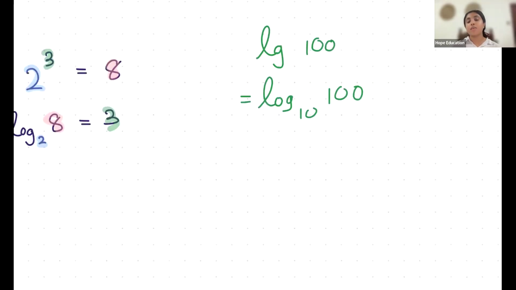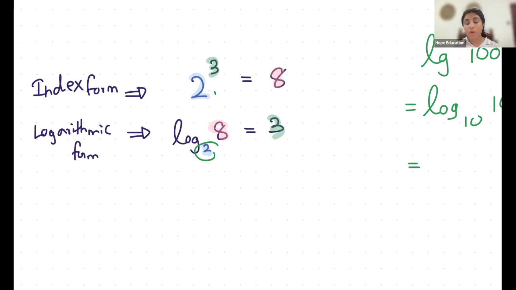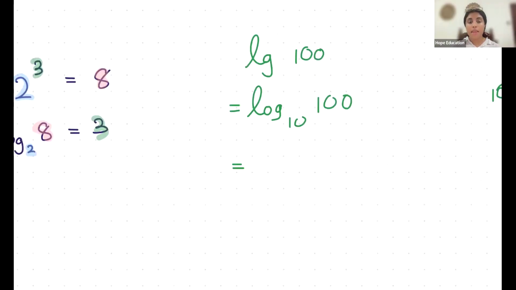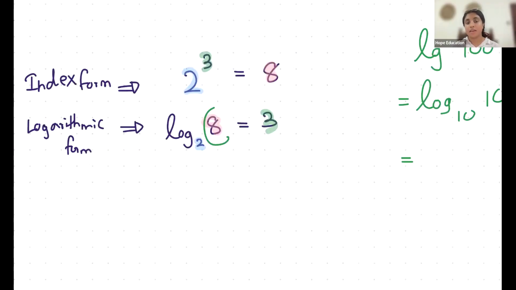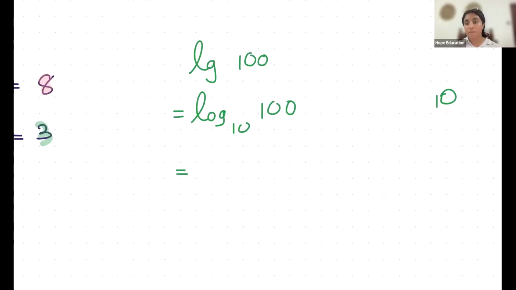Now, what is the answer? What is the logarithm of 100 to the base 10? You know, here base එක තමයි මෙතනට එන්නේ. Now, here the base is 10 no? එහෙනම් 10 එක index form එකේ මෙතන. Then log එකේ මෙතන තියෙන 100, that is the answer in the index form.